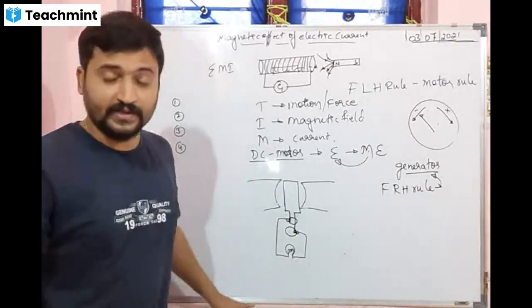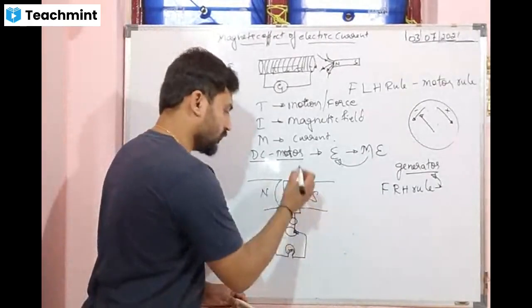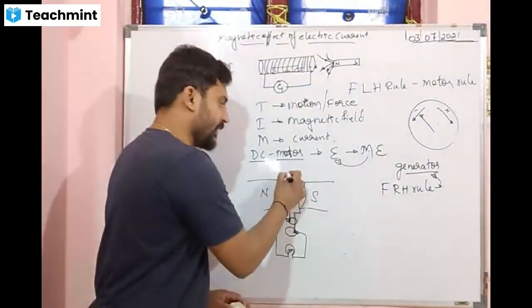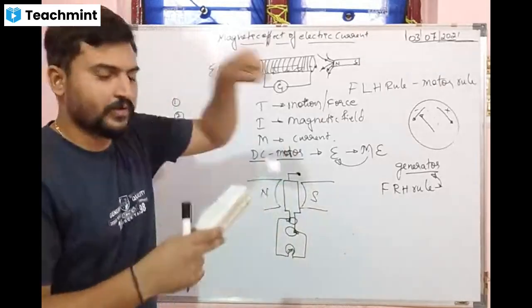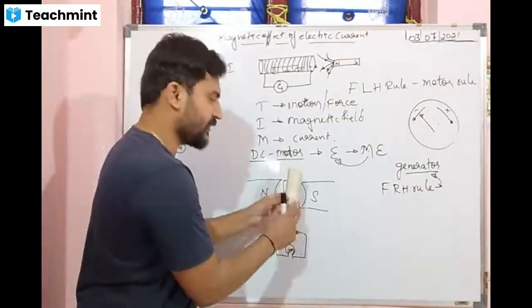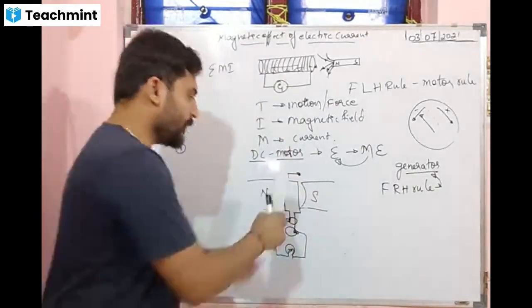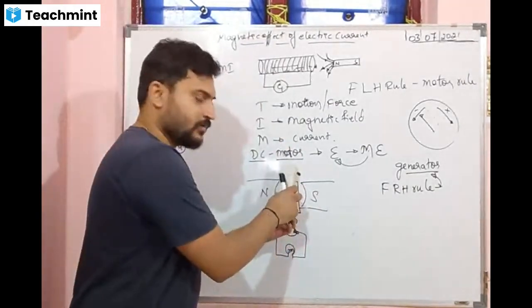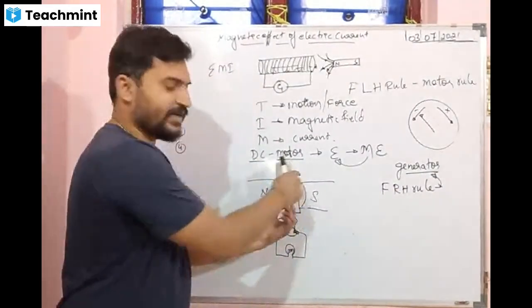So what happens here? Look, like a hand cycle between the north pole and south pole, we give a handle and rotate it. Yesterday you saw it rotating. When we start rotating, first step: 0 degree, 90 degree, 180 degree.